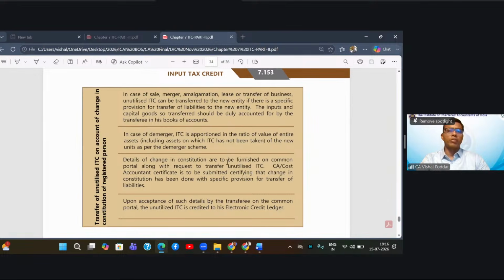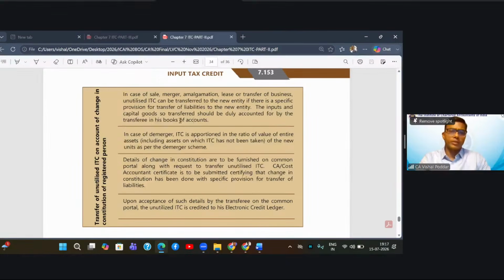Now, whenever change in constitution happens, maybe because of death of the proprietor, so the legal heir now takes over the business. In all these scenarios where the entire business is being shifted to another person, what is common? Your entire business is shifted, not one item. Entire business is shifting to another person.